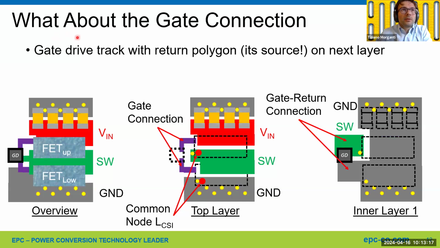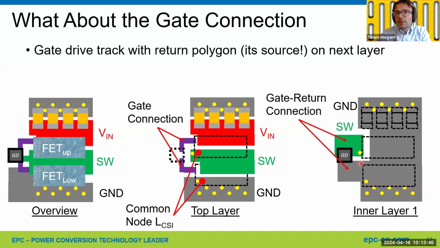Regarding the gate connection, the gate driver is depicted here on the left. You have the gate drive tracks, and you need to have the return on the first inner layer. The return of the gate drive is always the net connected to the source of the driven device. So in this case, on the high side, it's the switching node.